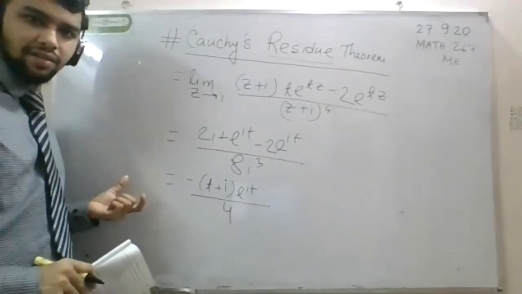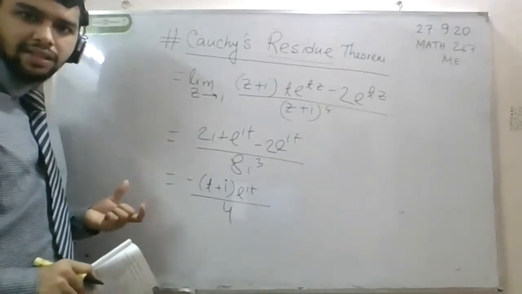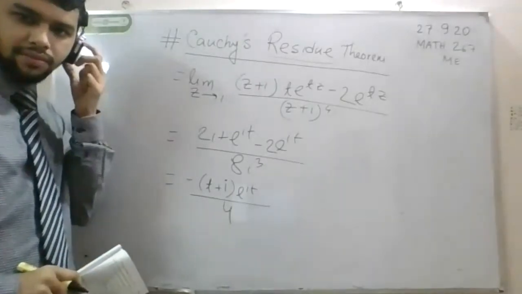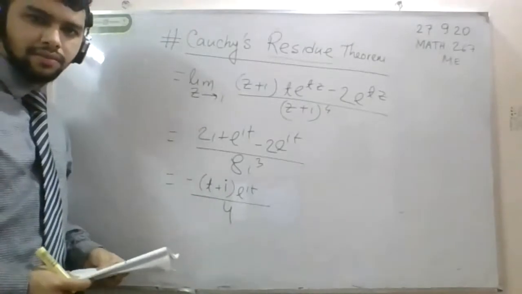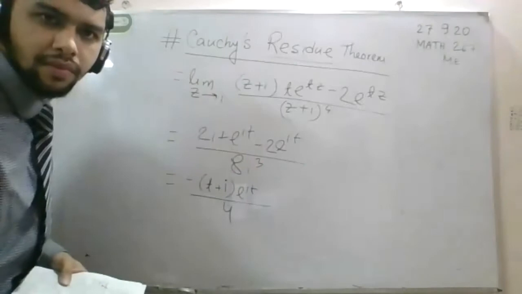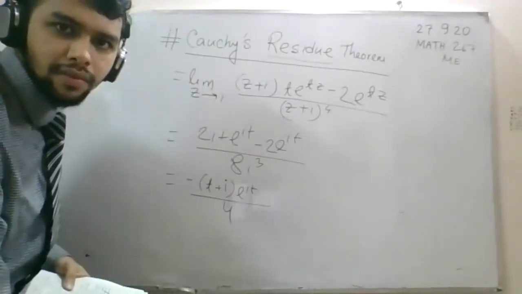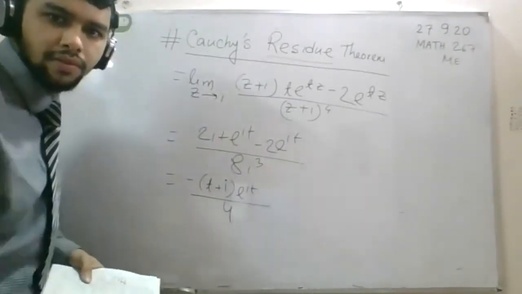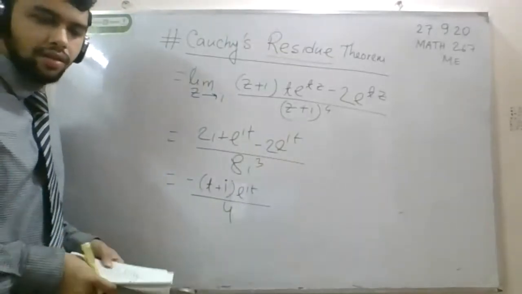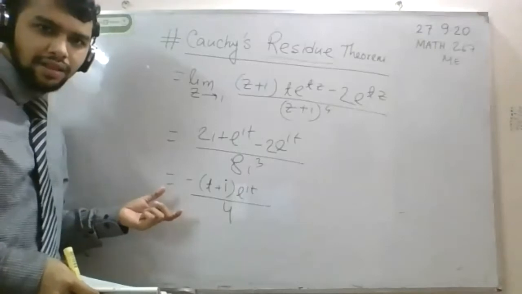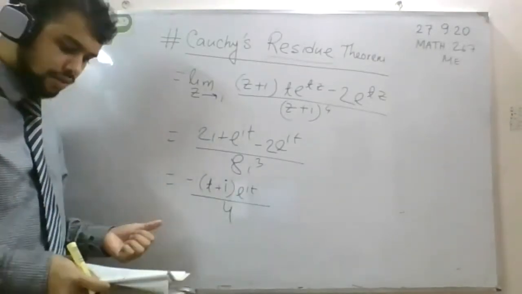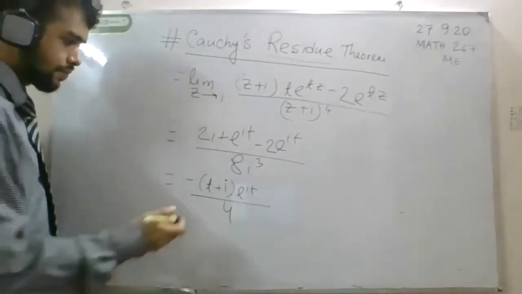If I say find out the residue for z equals to minus i, then what will be our result? Anyone? Any idea?